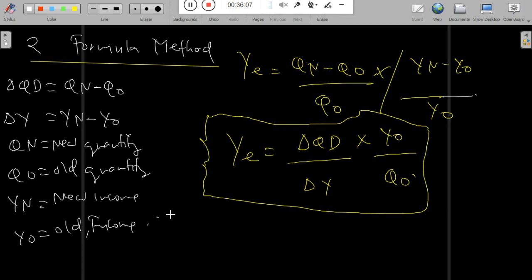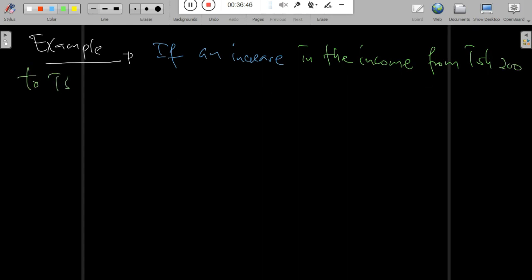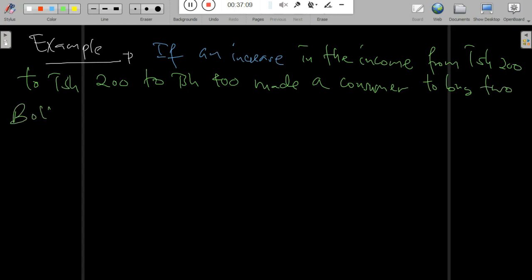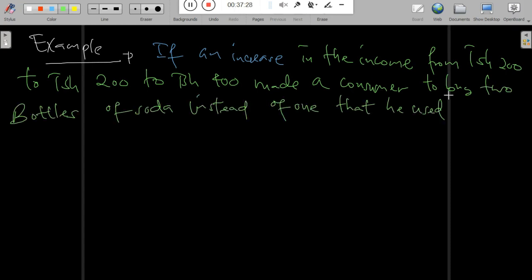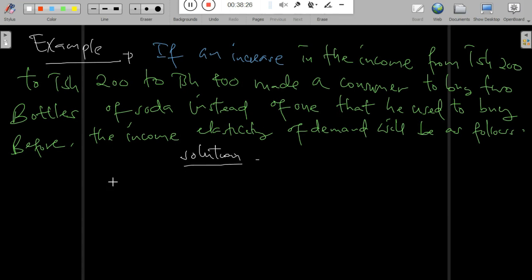If an increase in income from 200 Tanzania shillings to 400 Tanzania shillings made a consumer buy 2 bottles of soda instead of the one he used to buy before, what will the income elasticity of demand be?